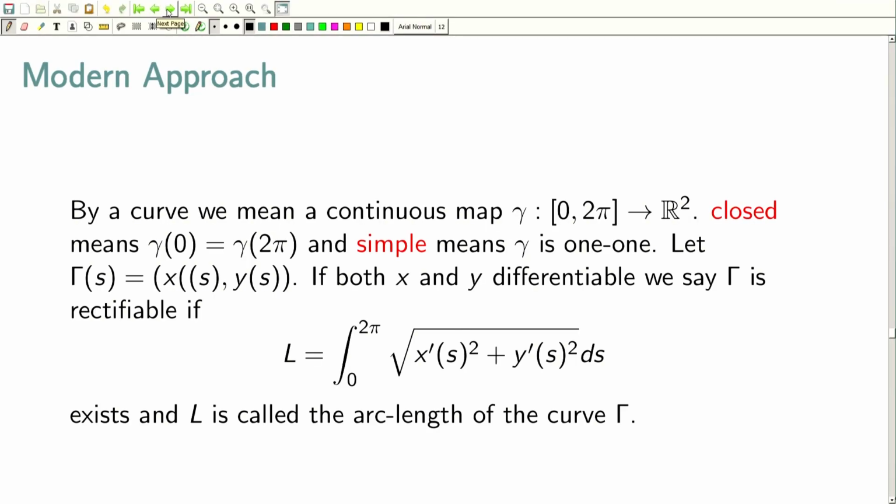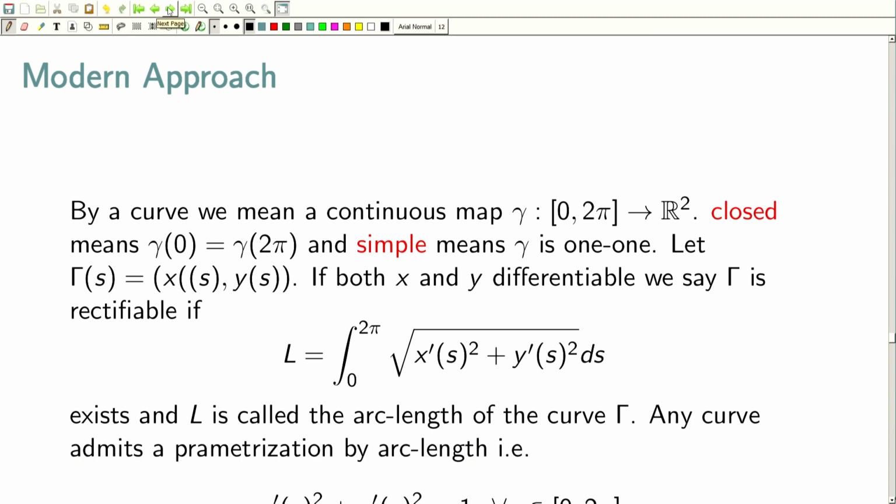And if both x and y are differentiable, we know from our calculus course that the curve is rectifiable, and the length of the curve is the integral from 0 to 2 pi of mod of gamma prime s ds, which is equal to the integral of the square root of x prime s square plus y prime s square, the Euclidean modulus, ds. It exists and L is called the arc length of the curve. So, this is basic calculus that we had learned earlier.